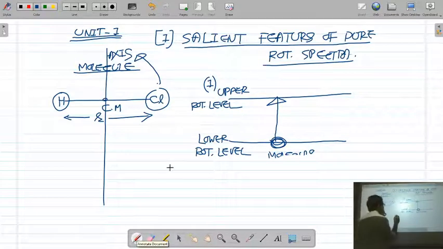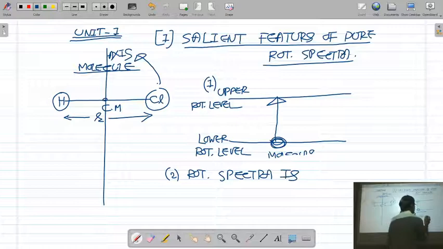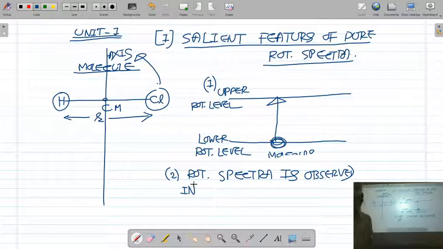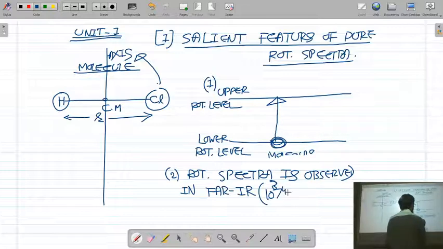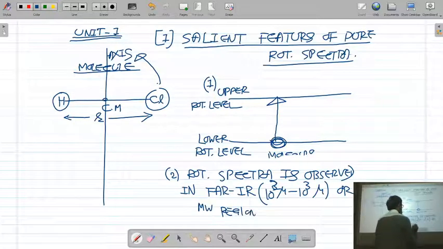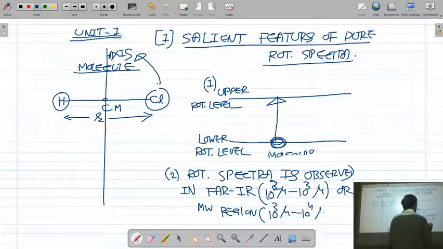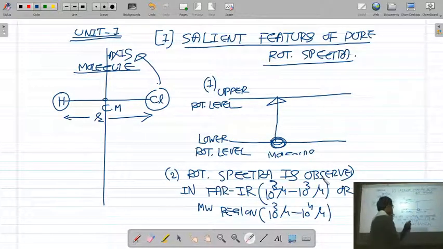The second feature: rotational spectra is observed in the far infrared region, whose wavelength is 10⁻² micron to 10⁻³ micron, or in the microwave region. So in which region of the electromagnetic spectrum is rotational spectra observed? It is observed in the far infrared region or the microwave region.